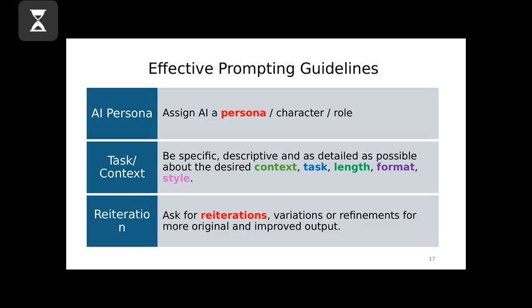Let's say I'm working with AI to create this campaign plan, but I need to provide more context to it, right? For example, who is my target audience? Do I want to implement this plan among college students, high schoolers, elementary school? So I need to specify this in my comments.